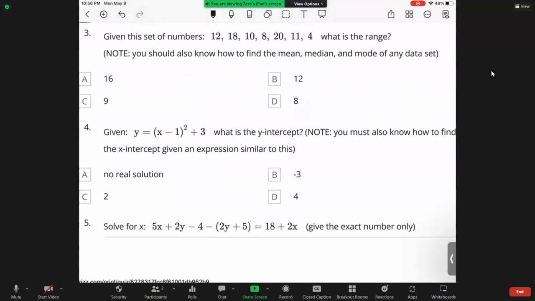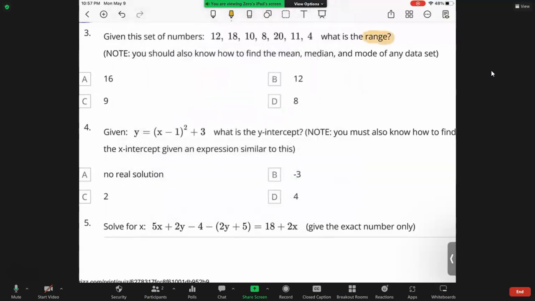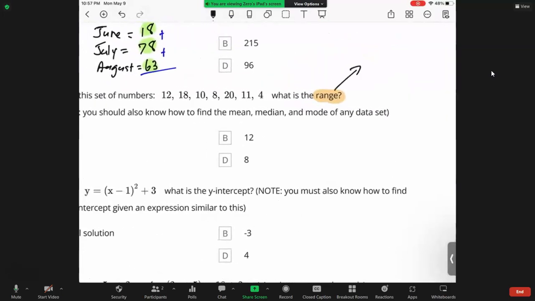Number three. Given a set of numbers 12, 18, 10, 8, 20, 11, and 4, what is the range? Range means the largest number minus the lowest number, or the smallest number, I should say.